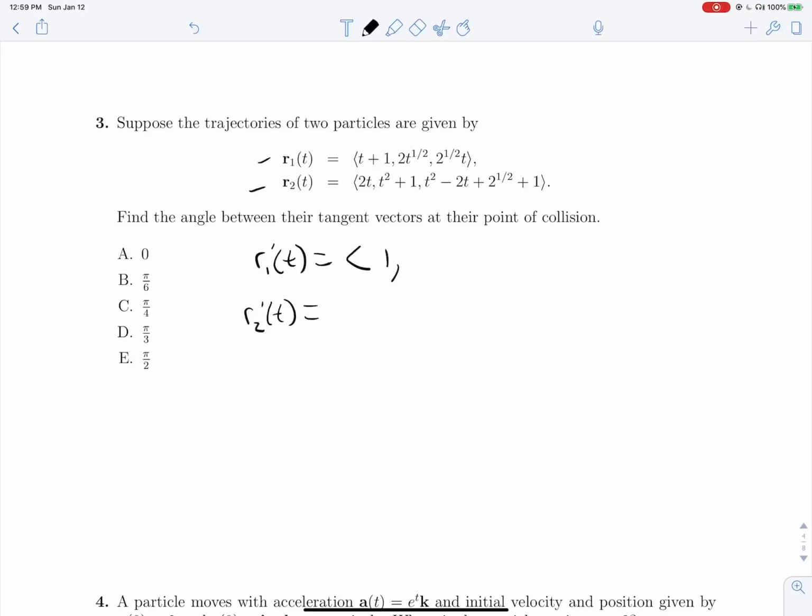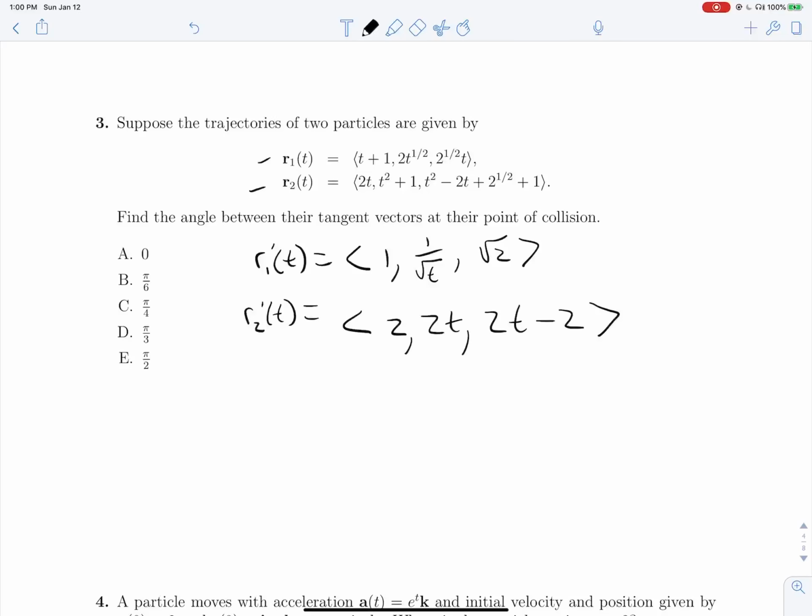So 1, and then 1 over root t and root 2. And then down here, 2, 2t, 2t minus 2.